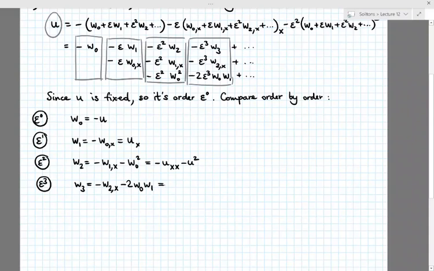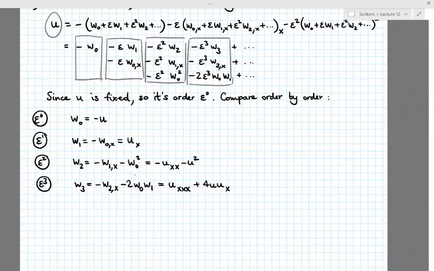And when we insert the previous expressions and do a little bit of algebra, we find that this is equal to u_xxx plus 4 u u_x. This 4 u u_x comes from a 2 u u_x, which arises from the first term, and from another 2 u u_x arising from the second term.